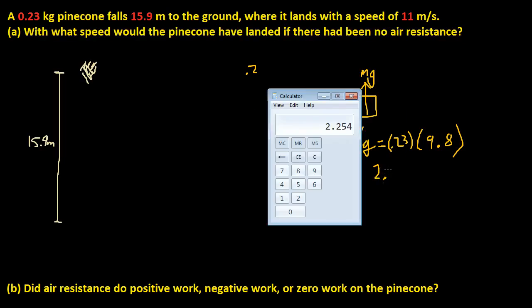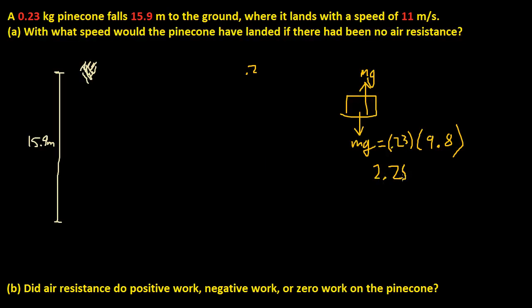So 2.254 Newtons is our force, the force required for us to at least exert on this thing to have it moving at a constant velocity. So how much work do we have to expend to move it 15.9 meters?